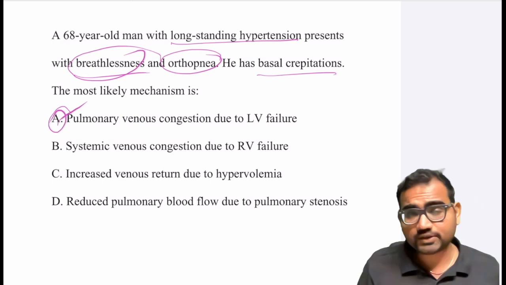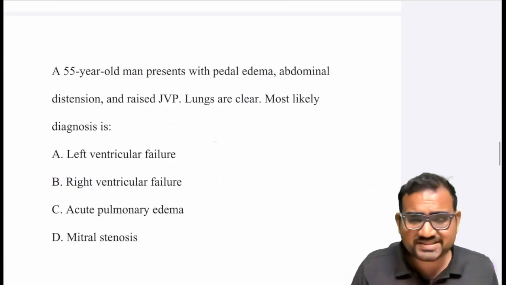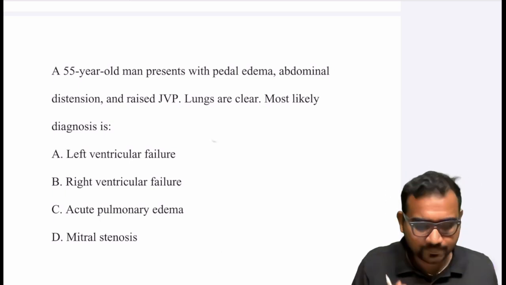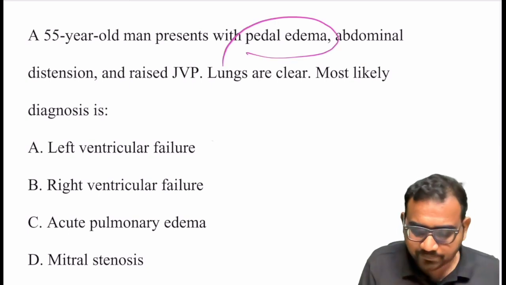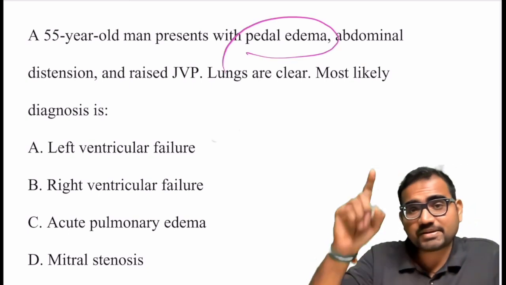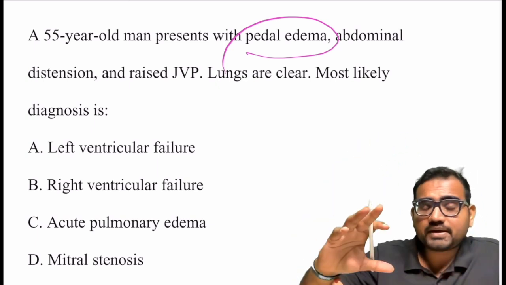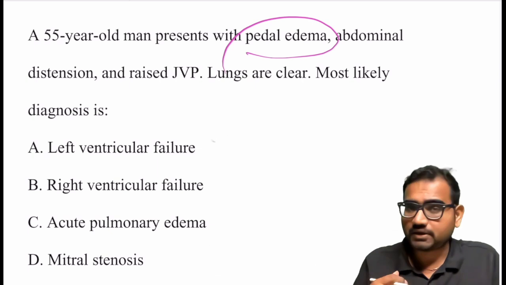Okay, as I told you, I've talked about all these concepts, so you can go and watch them. This is just a quick application of the concepts we have learned in the morning. Okay, next question. A 55-year-old man presents with pedal edema. As I told you, pedal edema means systemic venous congestion. The right ventricle is not pumping adequate blood into the pulmonary artery because of the increased pressure from the left ventricle.